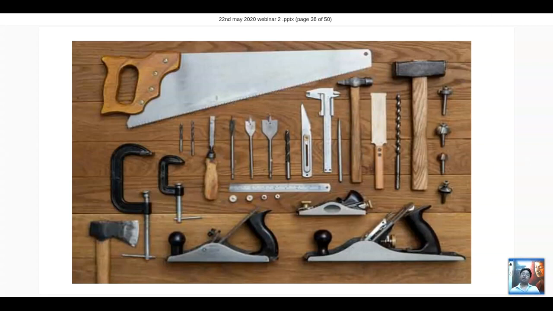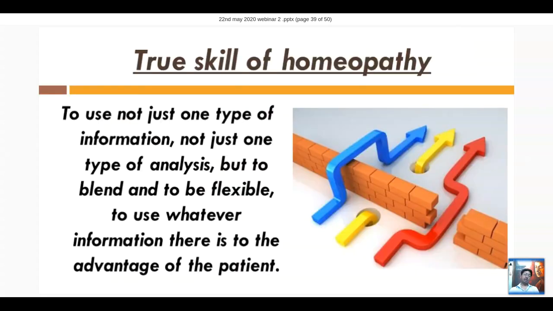It is not just a keynote in that case, it became the whole essence of the case, because its overall totality, its overall experience, just joined together in that experience of cough, agitation from. So this is very important. What we have discussed in the past is that we will be like a carpenter with all our tools, so that we can use them accordingly, and not just having a hammer, where everything seems like a nail.